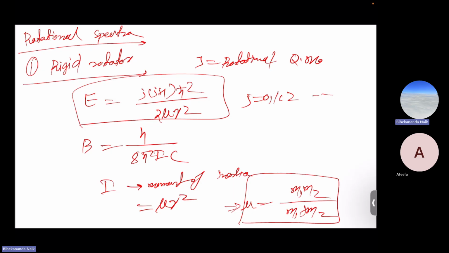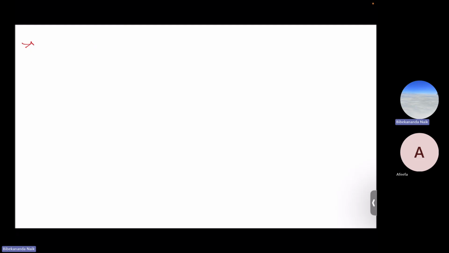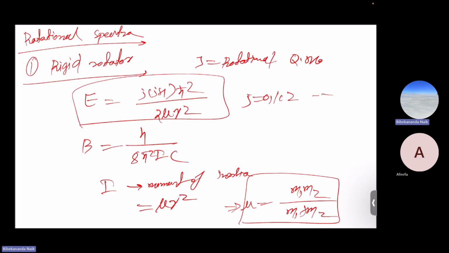If you talk about the energy in terms of wave number, it is given by E_J equals B J into J plus 1, where B is called the rotational constant.